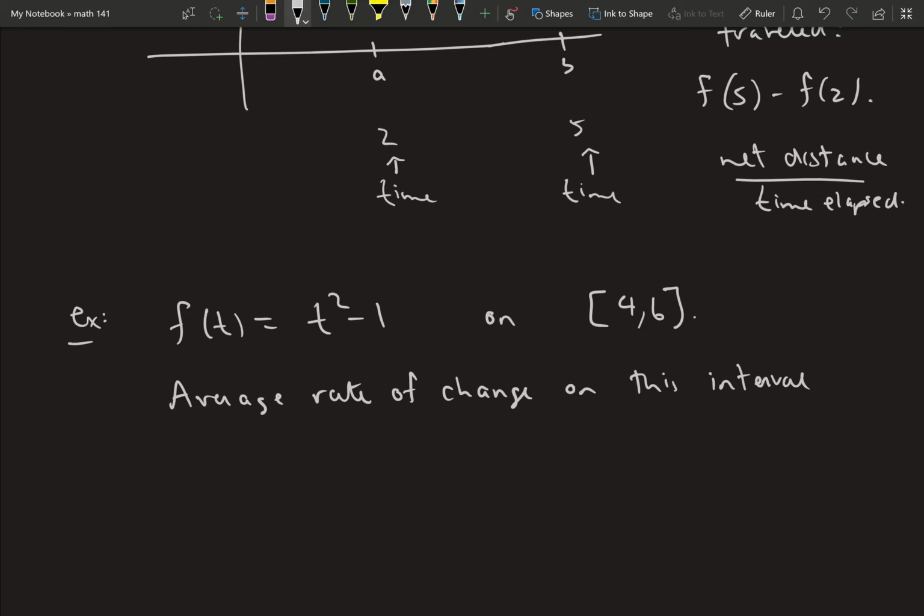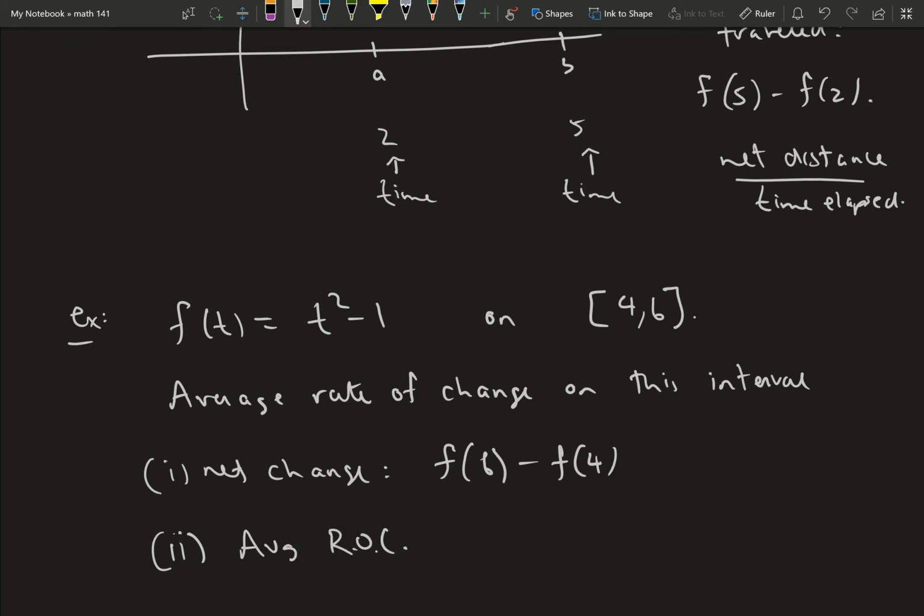I'm in a car, and according to a particular time, this function gives me the distance traveled. So my net change is simply f of 6 minus f of 4. I didn't ask for that, but it's so related to what we're doing. And the average rate of change, let's put ROC for short, is f of 6 minus f of 4 divided by 6 minus 4.